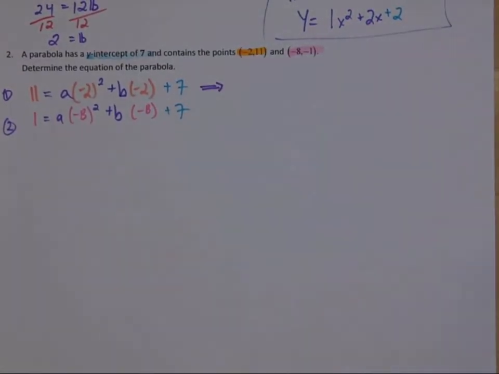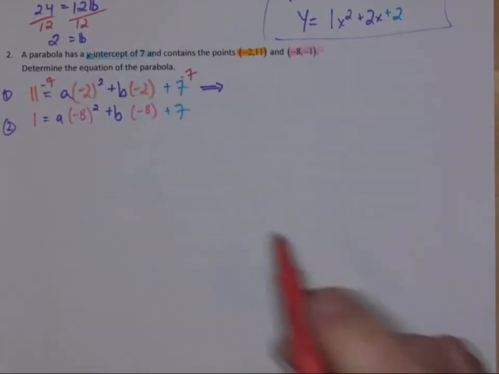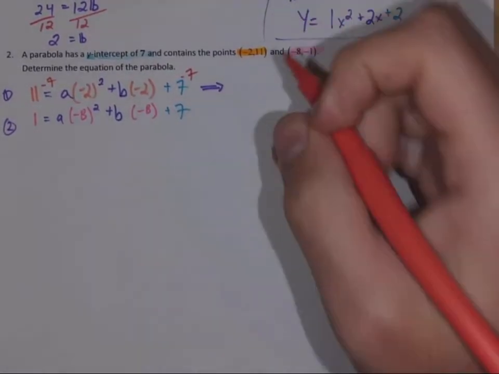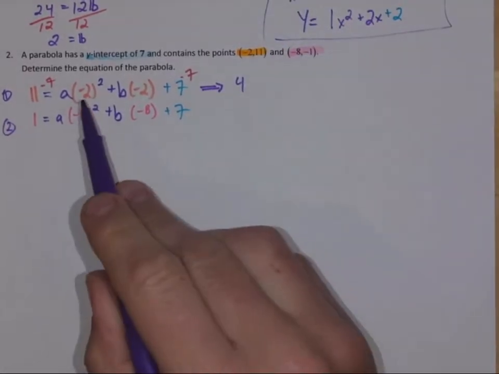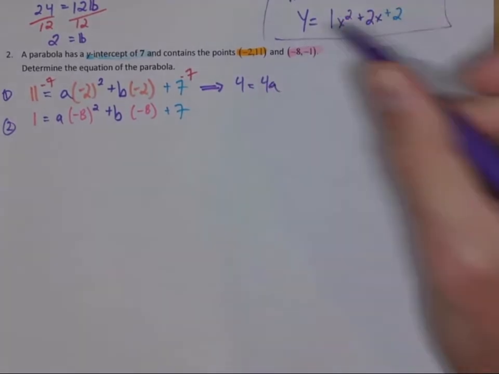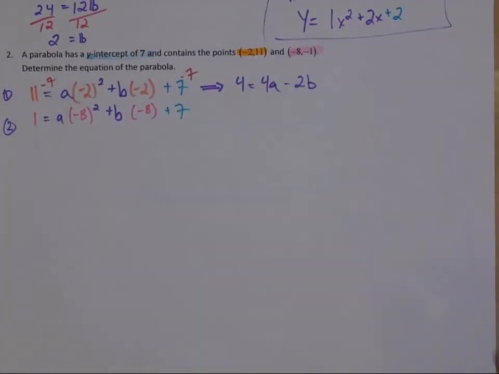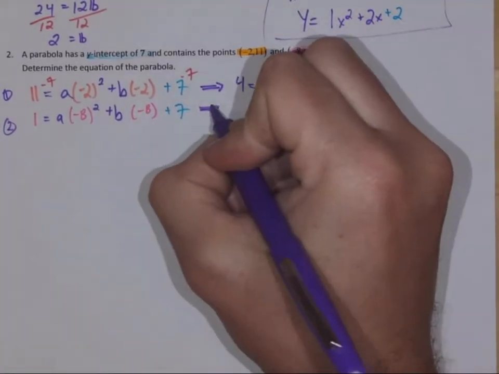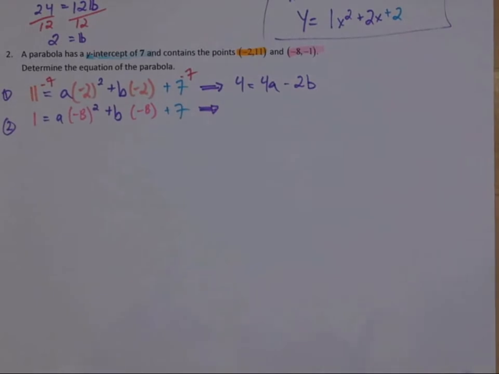Take away 7 from the right, take away 7 from the left. 11 minus 7, 4. Negative 2 squared, 4 times A. Negative 2 times B. Here's my simplified equation 1.